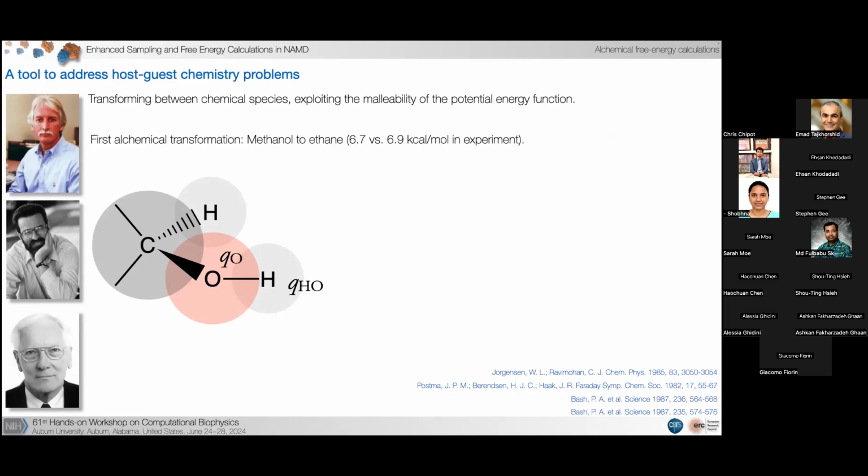One of the applications of these free energy calculations is to do constant pH MD. We've done it for other amino acids, for glutamate and for aspartate, going through the membrane.